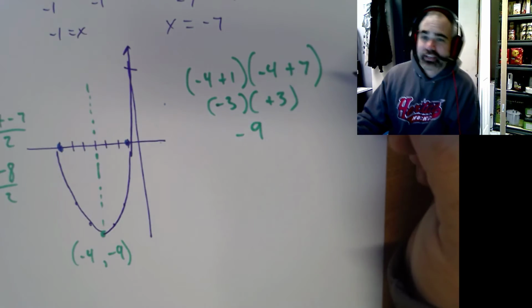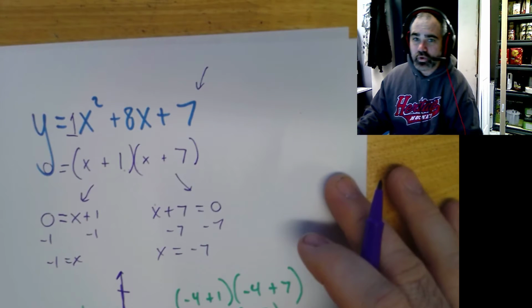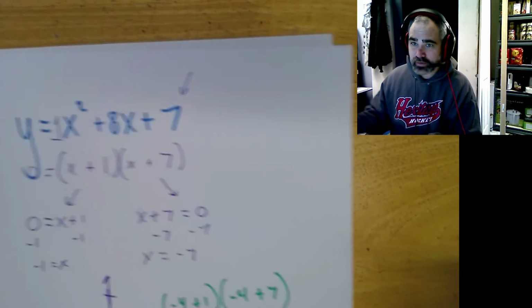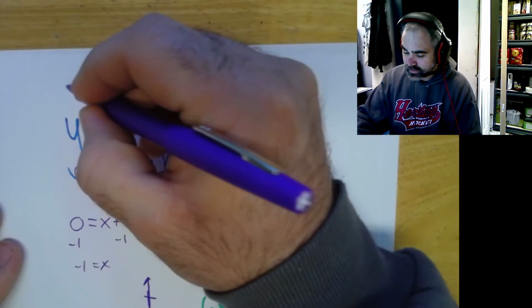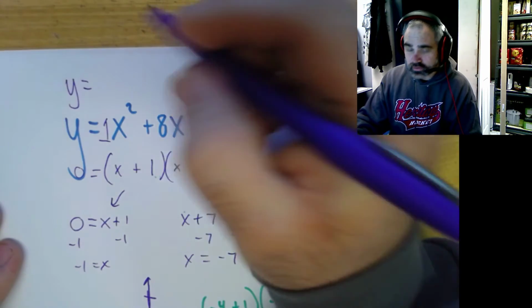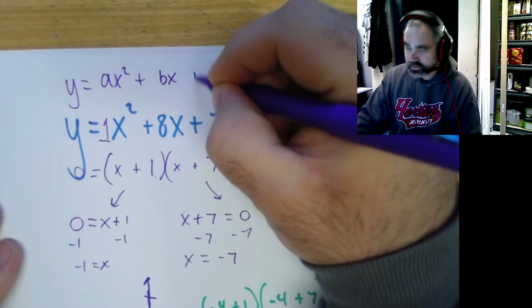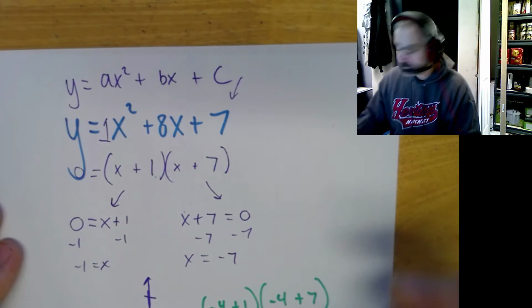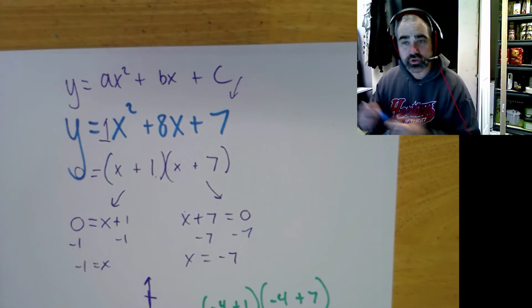Anyway, so here's your shortcut. Standard form equation. This is the equation for the line of symmetry. Now remember, every standard form equation can be written like this: y equals ax squared plus bx plus c. And remember, a, b, and c, those are always numbers.